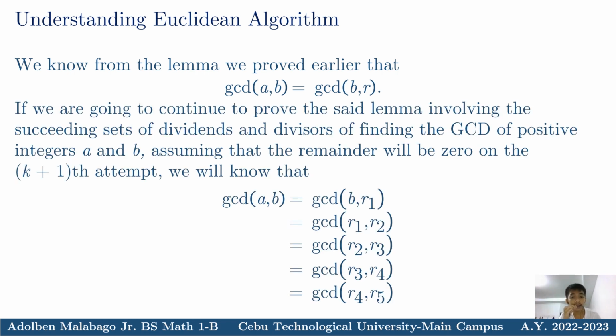Now, if we continue to prove the said lemma involving the succeeding sets of dividends and divisors, while finding the GCD of positive integers a and b, assuming the remainder will be 0 on the k plus 1 attempt, which we had in the previous slide, we will know that the GCD of a and b is equal to the GCD of b and r sub 1, which is also equal to the GCD of r sub 1 and r sub 2, the GCD of r sub 2 and r sub 3, the GCD of r sub 3 and r sub 4, and the GCD of r sub 4 and r sub 5.